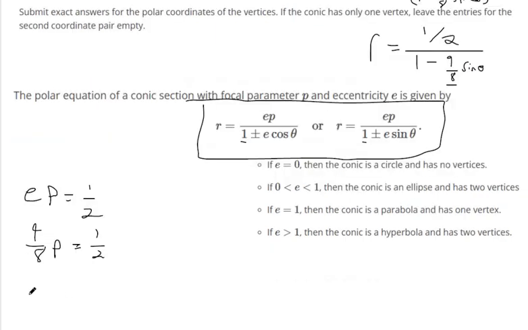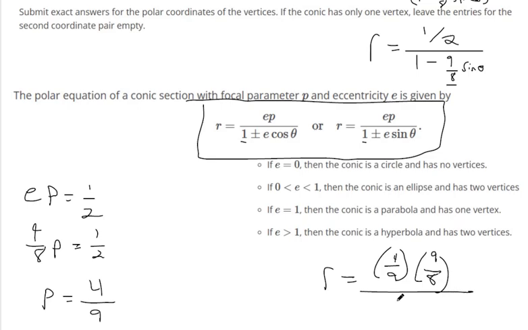So to get p by itself, multiply both sides by 8/9, and those would cross simplify: 8 over 18, which is 4 over 9. So that's what p has to be. So we got it all, we can put it all together. That's 4/9 times 9/8 over 1 minus 9 over 8 sine theta.